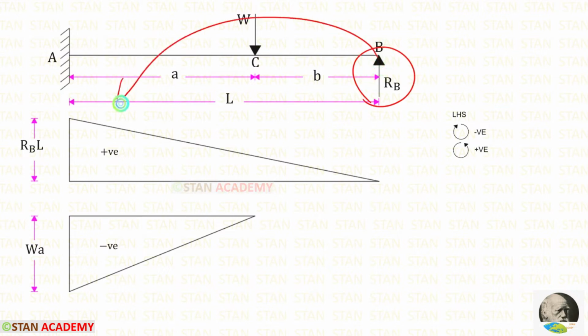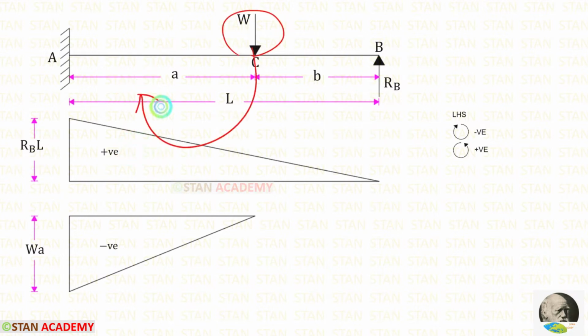It is acting in the anti-clockwise direction, so that will be positive, and the distance is L. So RB into L. Since it is positive, the diagram should be positive. The load W is acting in the clockwise direction, so that it will be negative, and the distance is A. W into A, we will get WA. We know that it is negative.